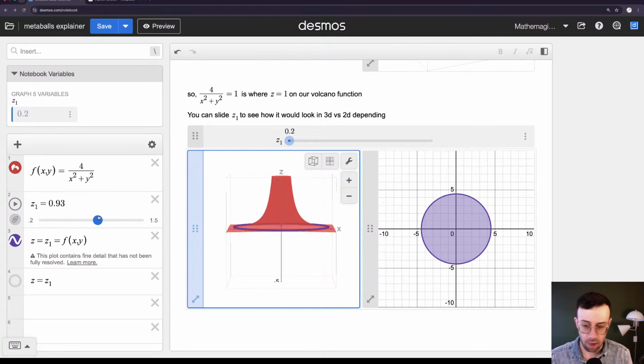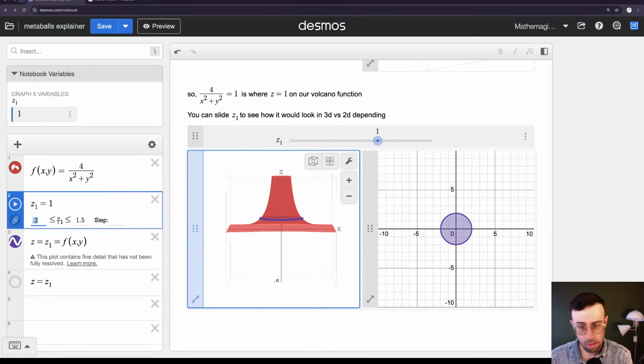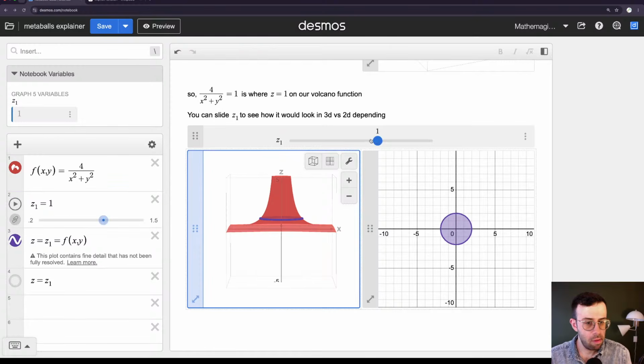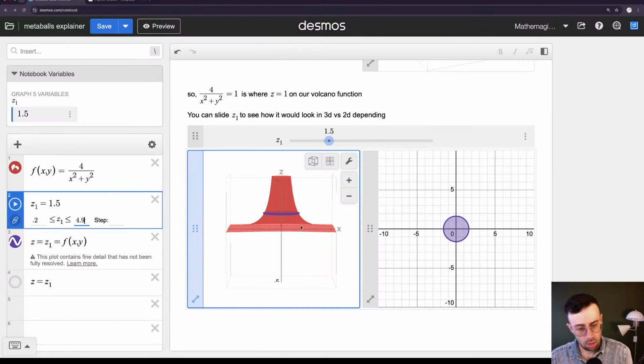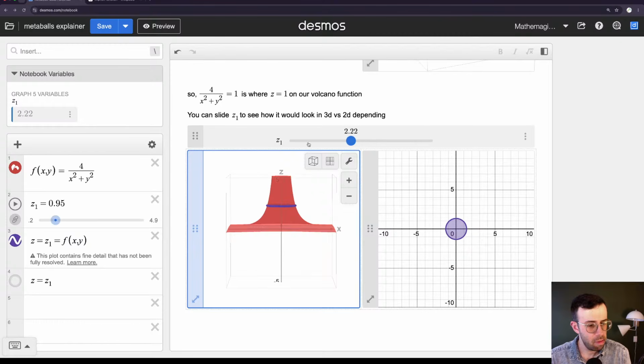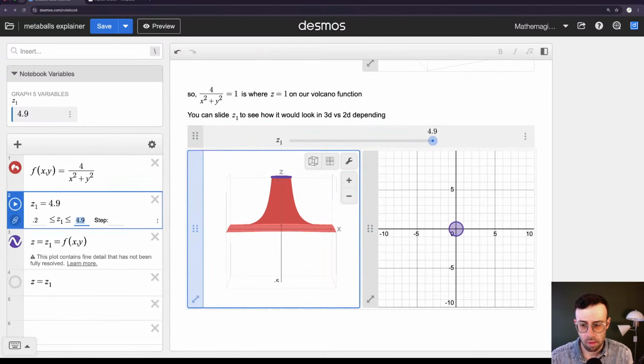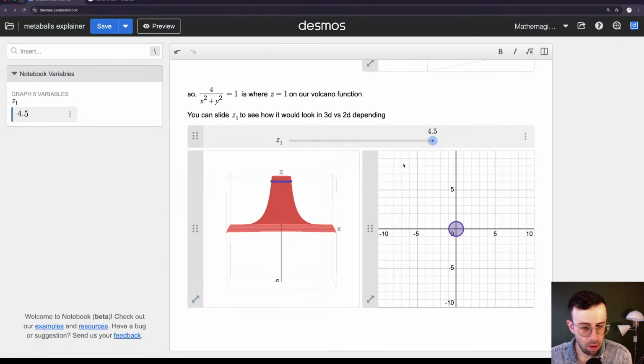I don't know why I was going to 1.5. Oh, 0.2. Let's go to, just do it like that.